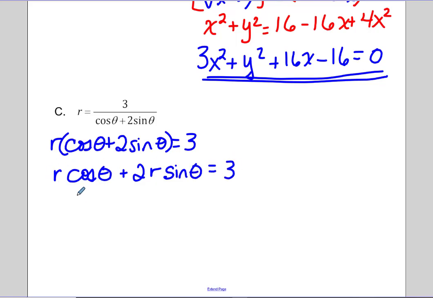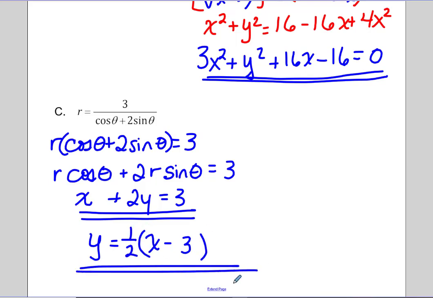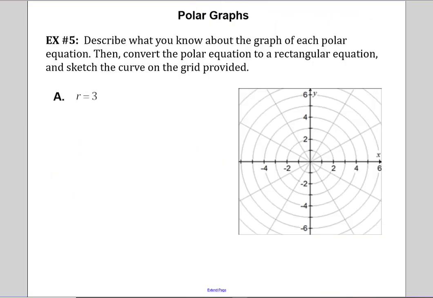And r cosine theta is another name for x, where r sine theta is another name for y. And we could stop there, or if you felt led to solve for y, you could say y is x minus 3 divided by 2. So we could say y is 1/2 of x minus 3 quantity, and solve that for our rectangular equation.